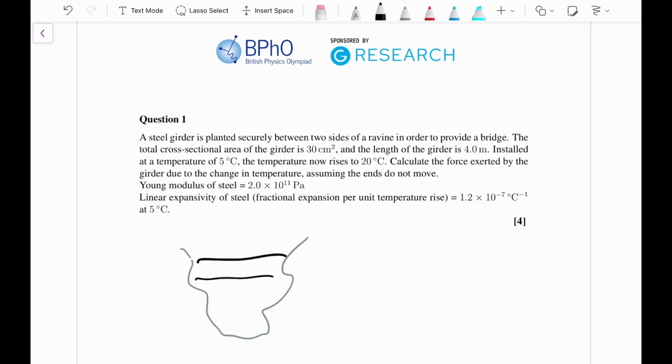So my idea is that we can calculate the change in length due to the temperature change from 5 to 20 degrees Celsius, and then from the Young's modulus, calculate the tension within the bridge, which should be the force exerted by the girder due to the change in temperature. And since the ends do not move, the force and the tension within the bridge should be equal to each other.